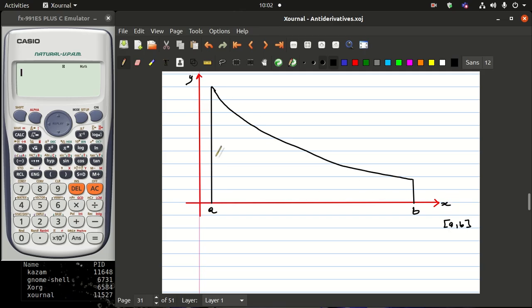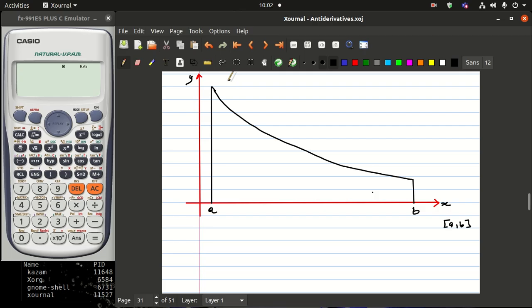Now, I want us to find the area under this curve, the area between the curve and the x-axis. That is what I want us to find. So how do we end up doing that?